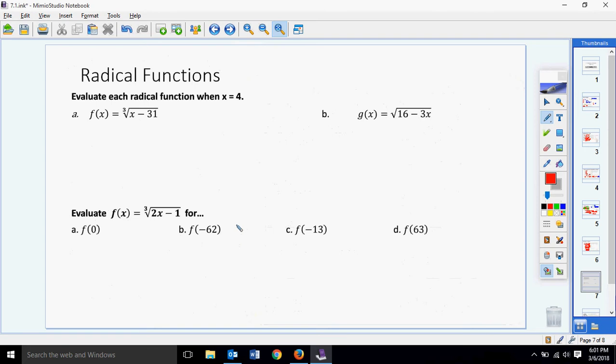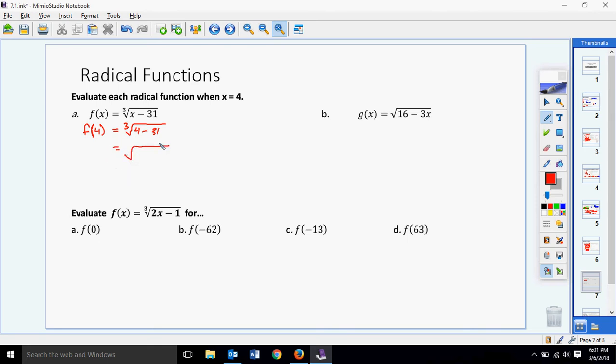Radical functions now. It wants us to evaluate this function when x equals 4. So remember, a function means that you can plug in an x value into the function and solve for it. So that's what we're going to do here. F of 4, that means 4 is what we're plugging in. We're taking the cube root of 4 minus 31.